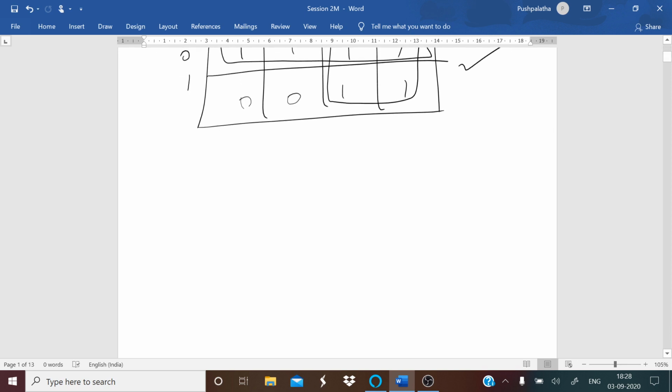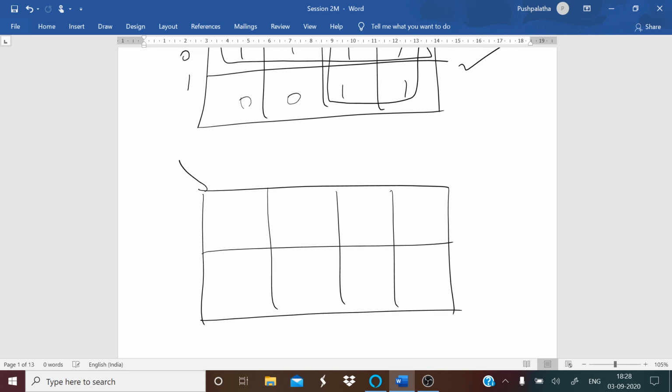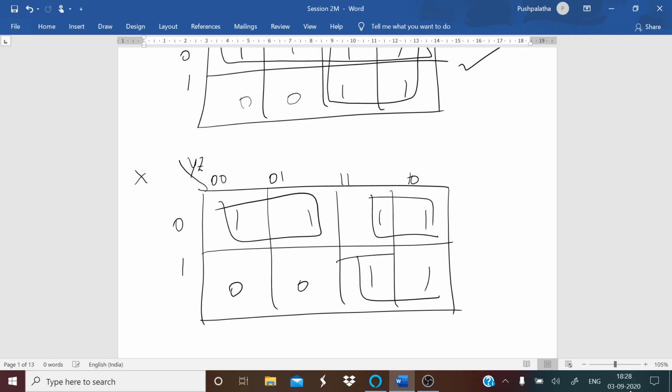If you have it as x, y, z, 0, 0, 0, 1, 1, 1, 1, 0, 0 and 1. Okay, we are following the same example. Now as we said, pairs, 2 ones, so make 2, this as 2 ones, this as 2 ones.